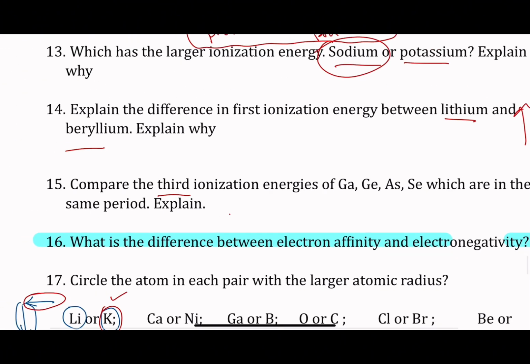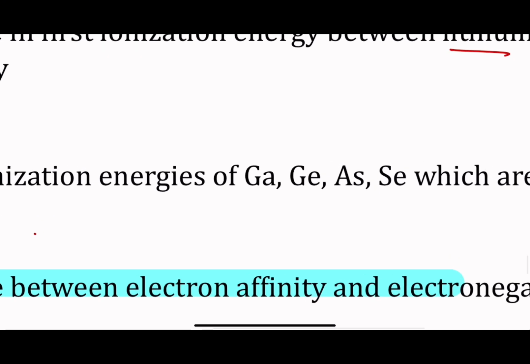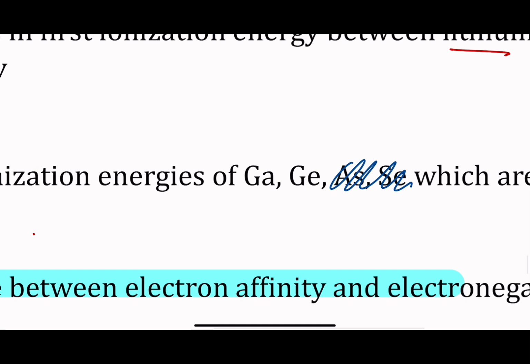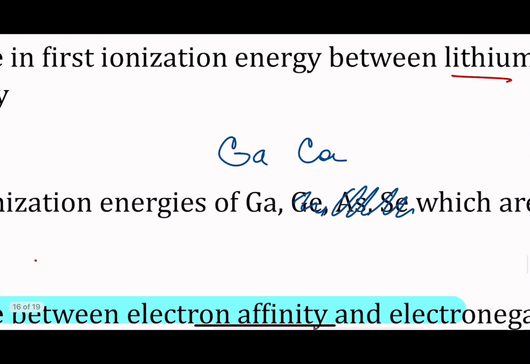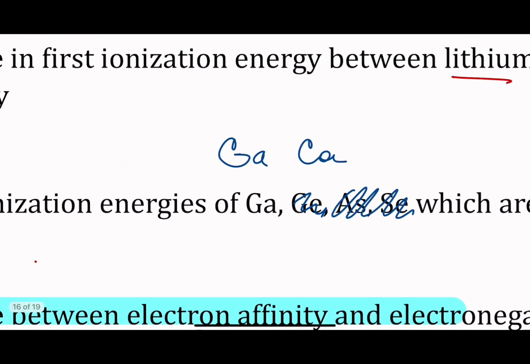For question 15, I'm going to make it a little simpler, so don't worry about this part. Let's just compare gallium with calcium. If you check the periodic table, you will see that gallium is in the fourth period, and then it is group 3A. So its electronic configuration ends 4s2 and 4p1.